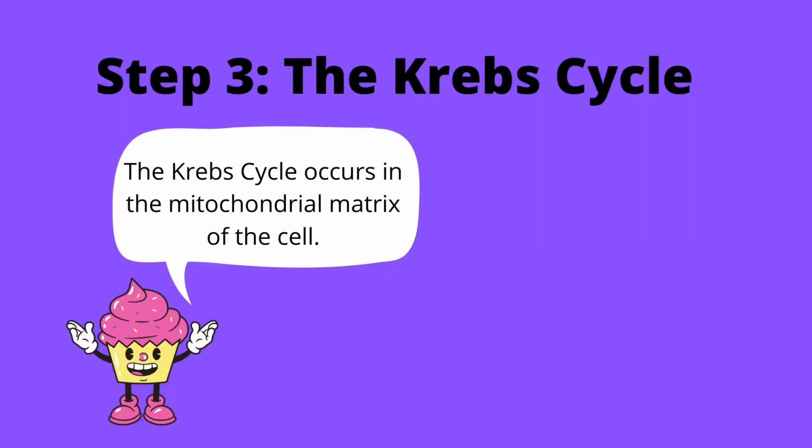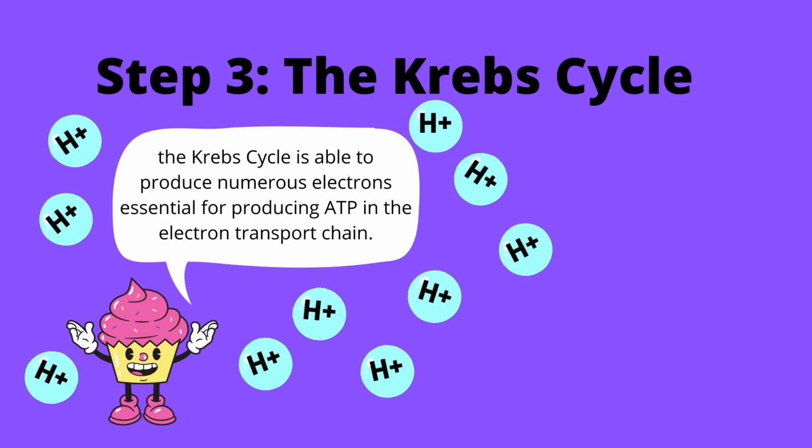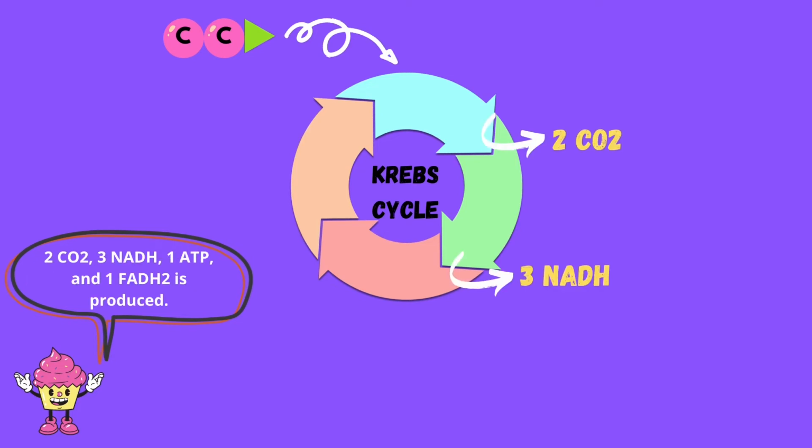Step 3 is the Krebs cycle, which occurs in the mitochondrial matrix of the cell. Using the acetyl-CoA molecules from pyruvate oxidation, the Krebs cycle is able to produce numerous electrons, essential for producing ATP in the electron transport chain. For every acetyl-CoA molecule that enters the Krebs cycle, 2 CO2, 3 NADH, 1 ATP, and 1 FADH2 is produced.